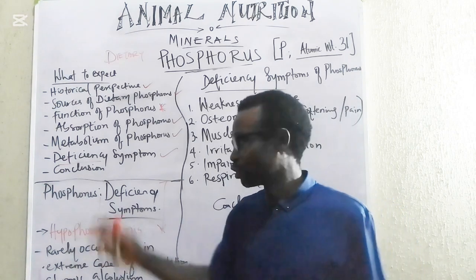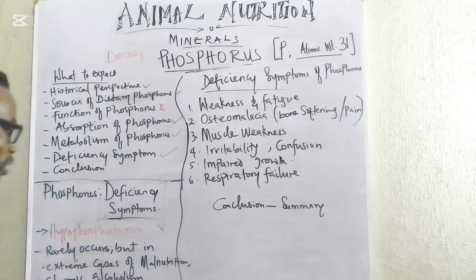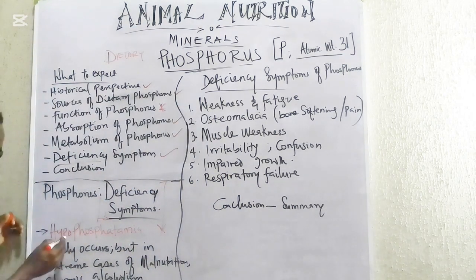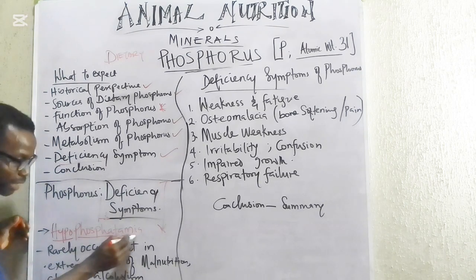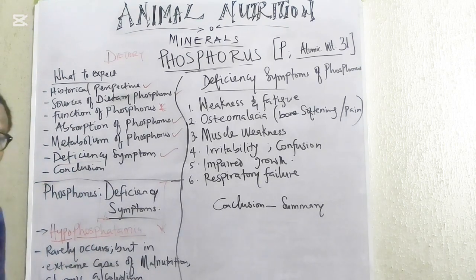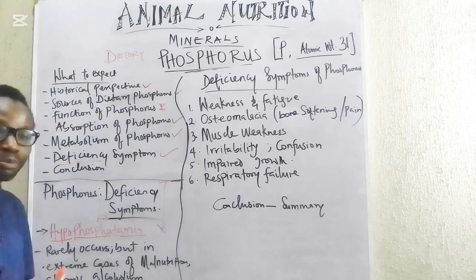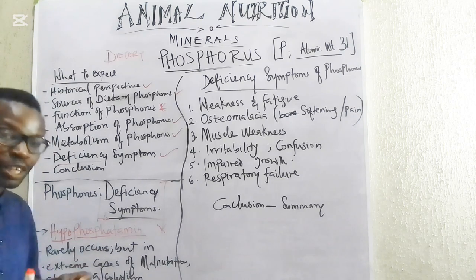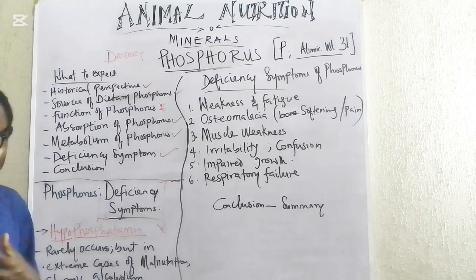Now let's go into deficiency symptoms quickly. This is phosphorus deficiency symptoms. It is referred to as hypophosphatemia. Now, we talked about it previously that the way to understand scientific terms is to try to break them down, understand the various component words, suffixes or prefixes, and then the root word.